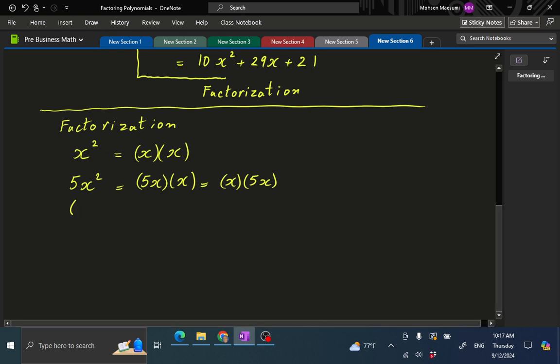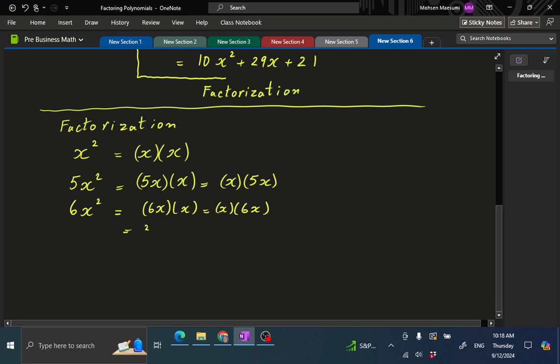If you have 6x squared, you have a little bit more choices, because you can write it as 6 times 1 or 2 times 3 and so on. So I can write this as 6x times x. I could of course write it x times 6x.